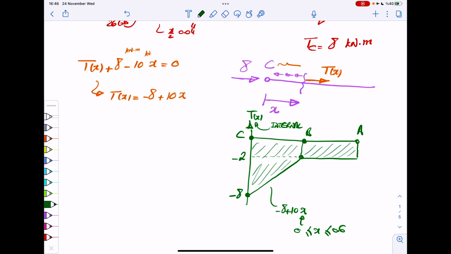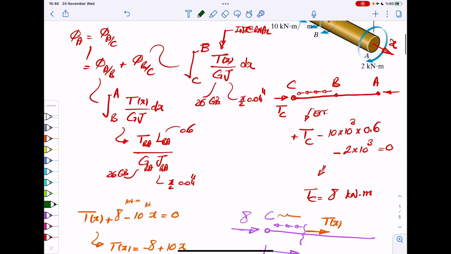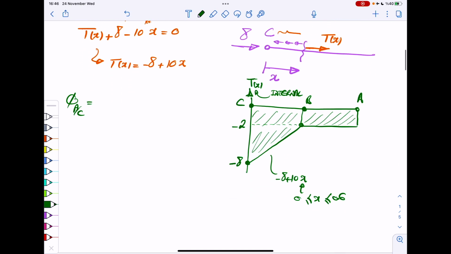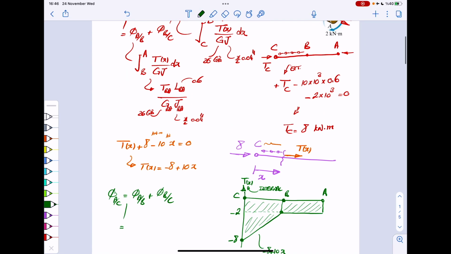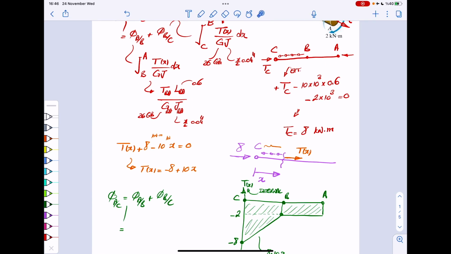So the angle of twist from A with respect to C would be A with respect to B plus B with respect to C. And as we discussed, for the second part, you have our relationship here. Now, you know the internal T is minus 2.